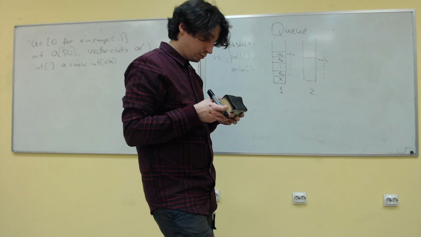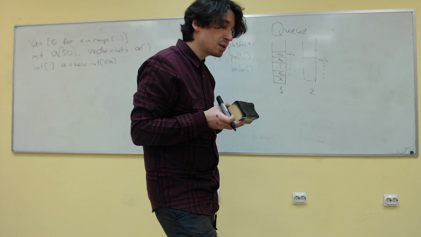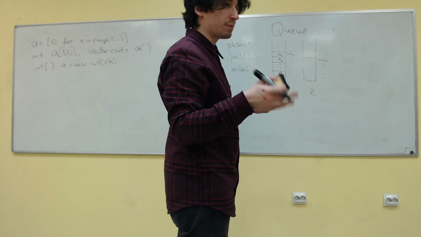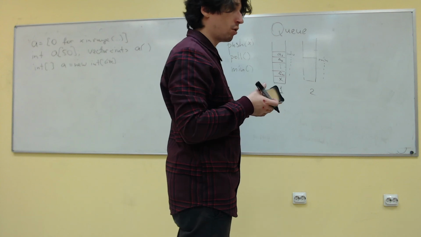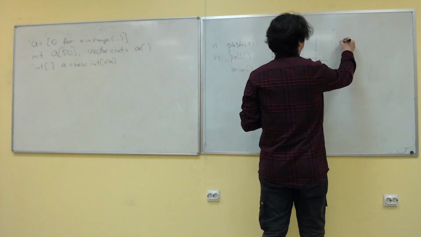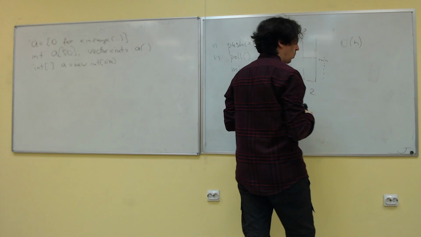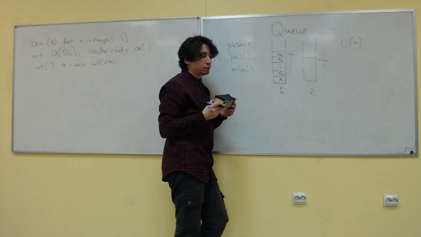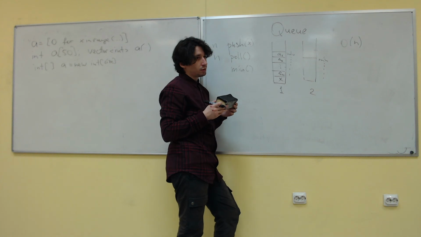Two times n. But 2 times n, if we're talking about the big O, is just O of n. How did you calculate that? Well, because we have n for push and n for pop, so 2 times n.